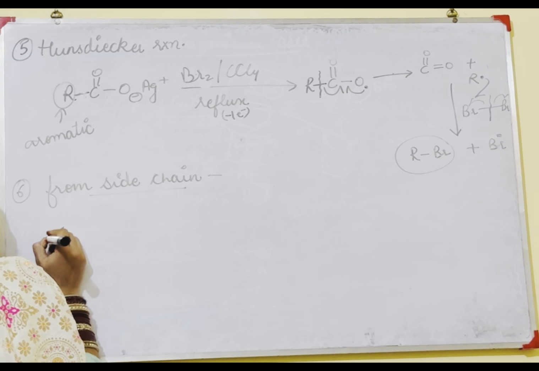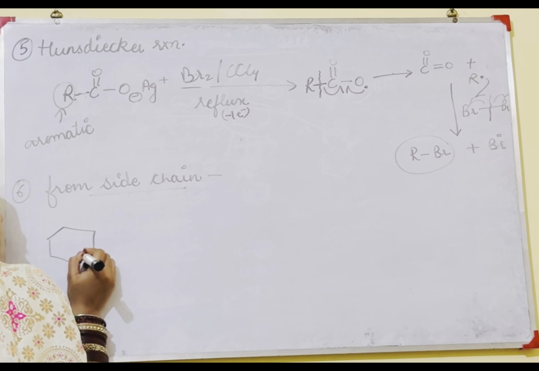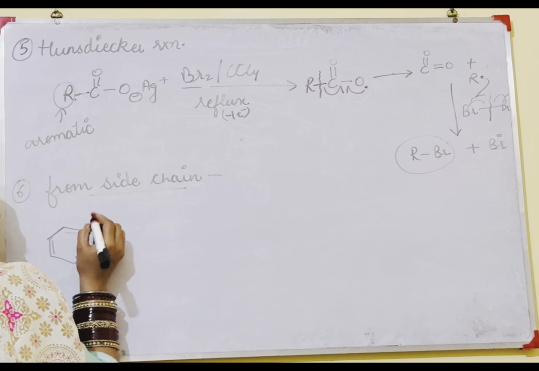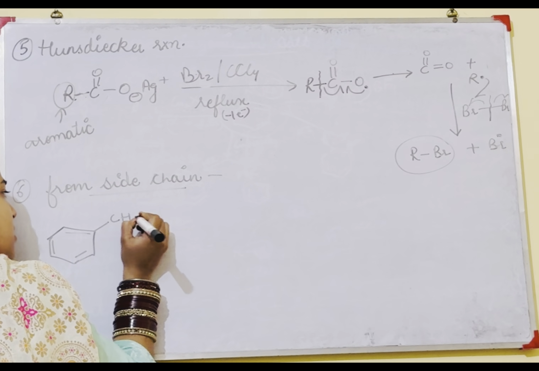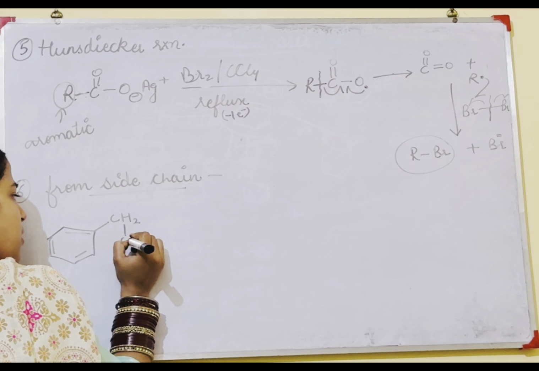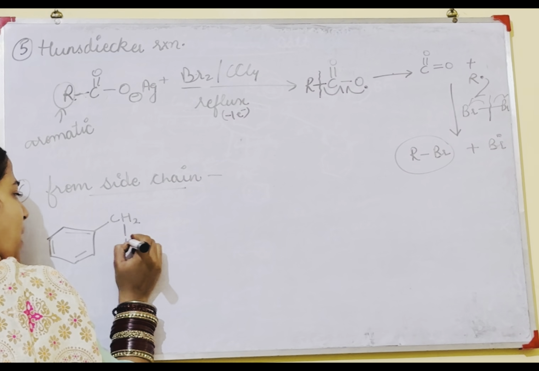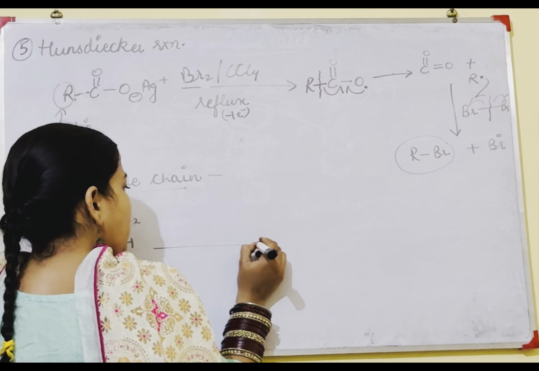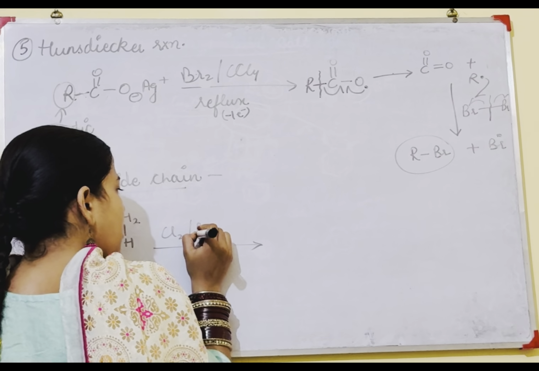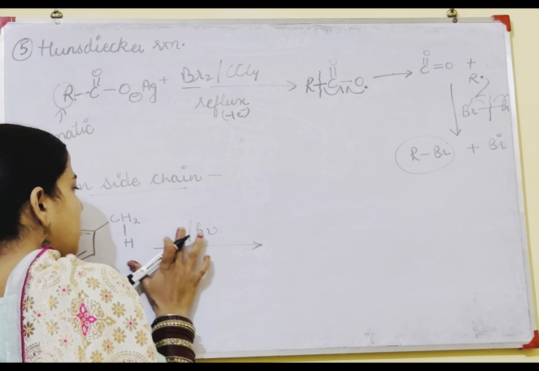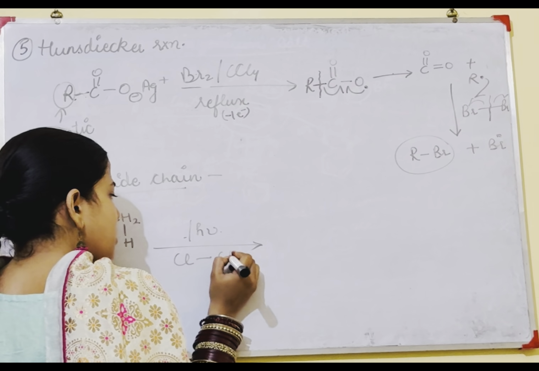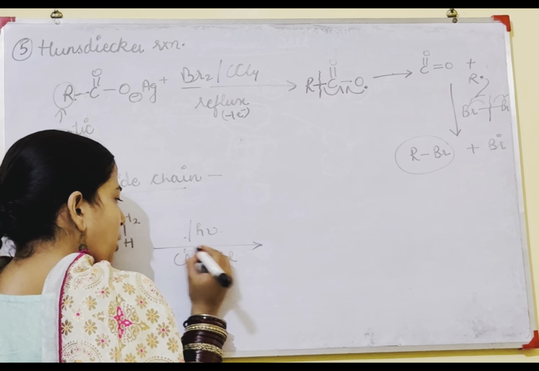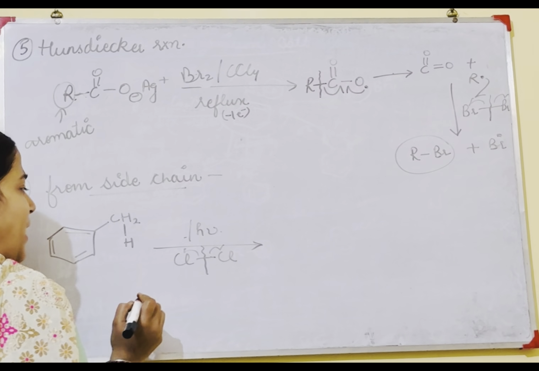Next is side chain halogenation. This is also for aromatic compounds. If there is an alkyl group acting as a side chain, then in the presence of light, the Cl-Cl bond will break and lead to the formation of radicals.